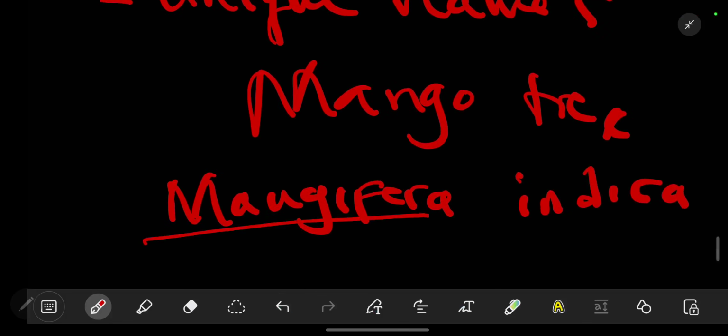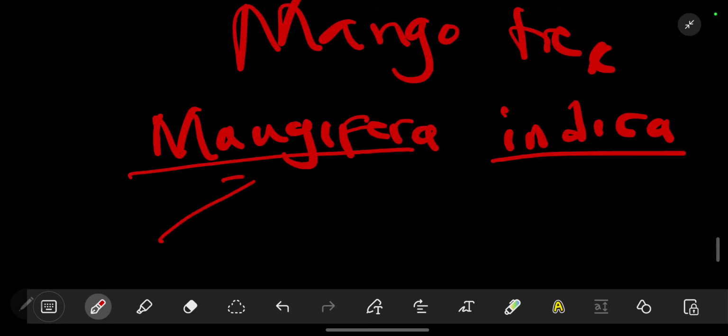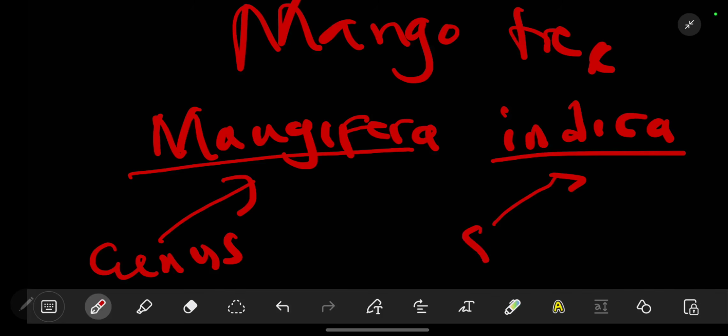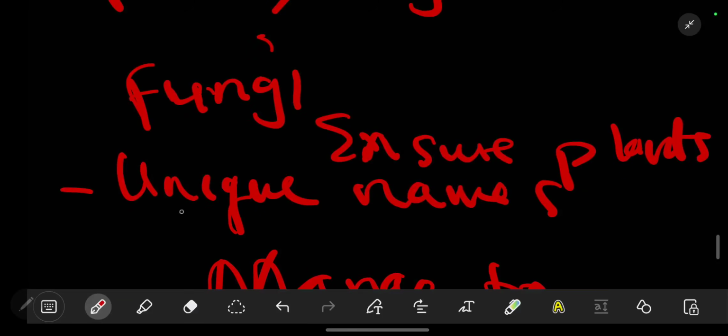You can see we underline like that. This is the genus, this is the species. If it is handwritten, you underline. If it is typed, you italicize. But everything is the same, like capital letter, small letter, and all that. So this is you assigning a unique name.